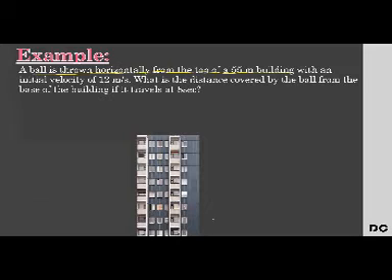So if this is the building, somebody is on the top of the building and he throws the ball horizontally.